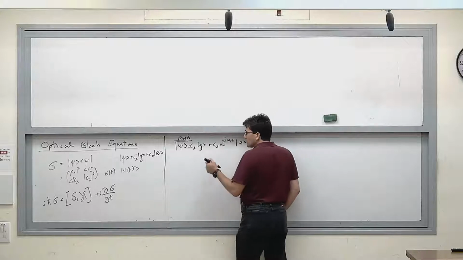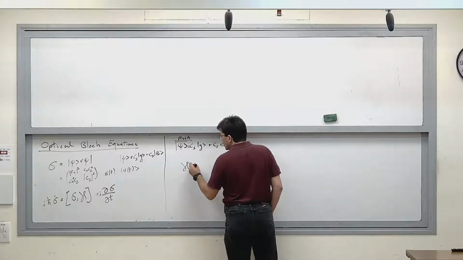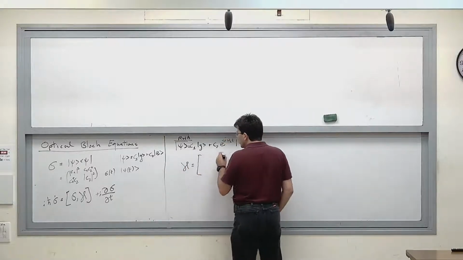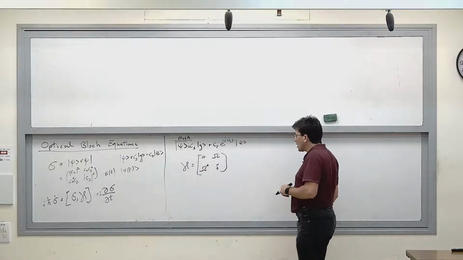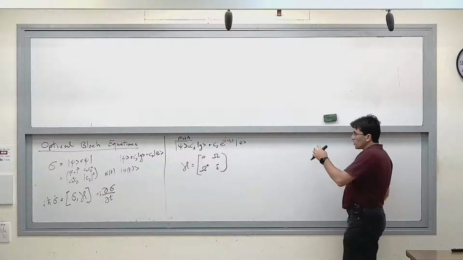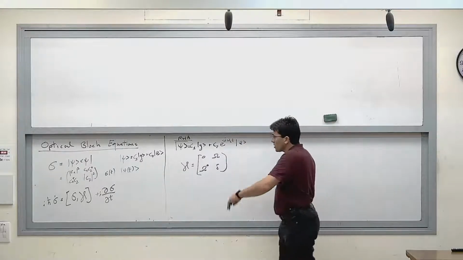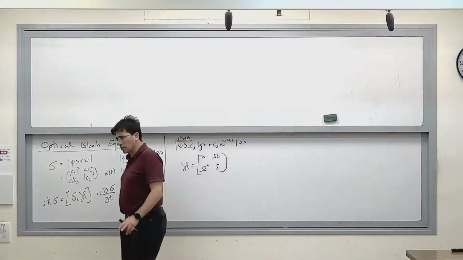And then the Hamiltonian is simple. It's just 0, delta, omega star, and omega.